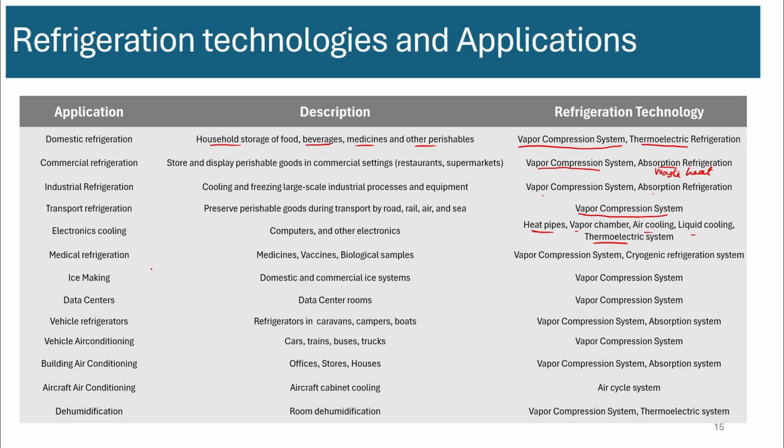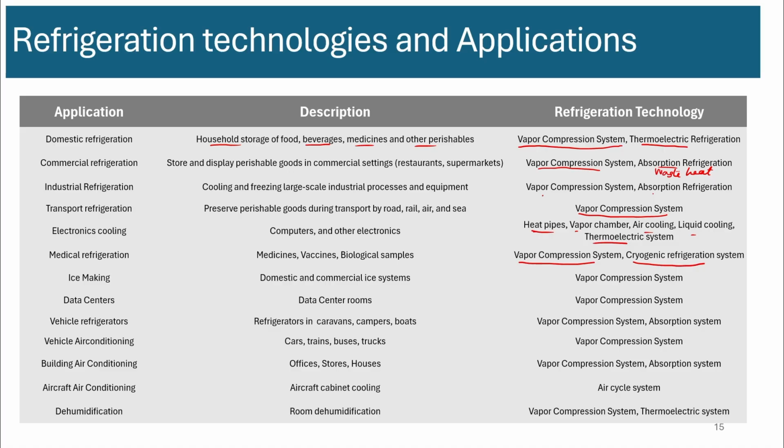Medical refrigeration. This requires really low temperatures for storing some medicines, vaccines and biological samples. You need much colder temperatures than what you need for storing your food items. So such systems use both variations of the vapor compression system, with multiple stages for example, and cryogenic refrigeration systems to achieve those extremely low temperatures.